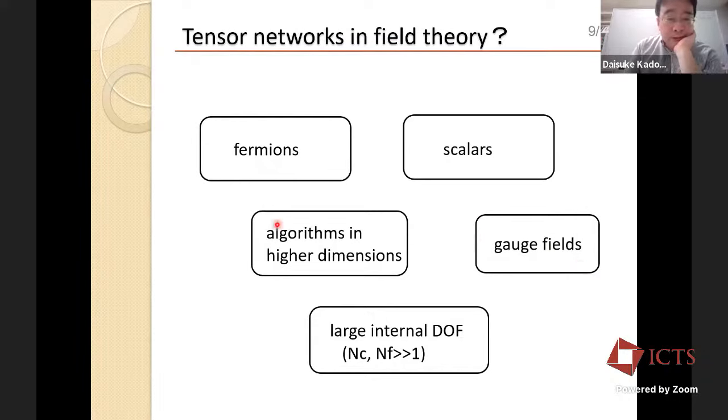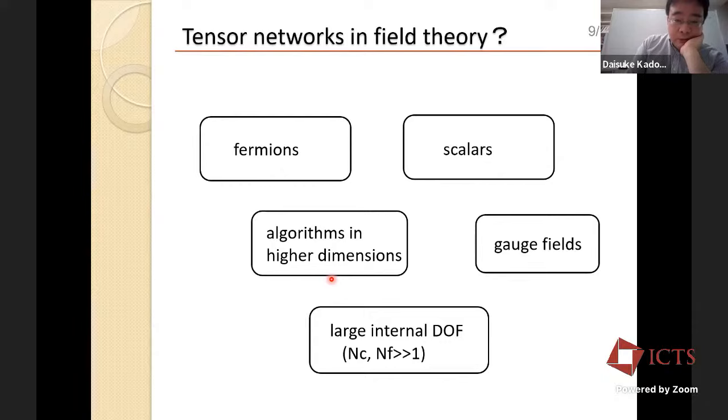And the important models such as QCD is defined on 4-dimensional space-time. So we need to create an efficient algorithm, which can be applied in 4 dimensions.